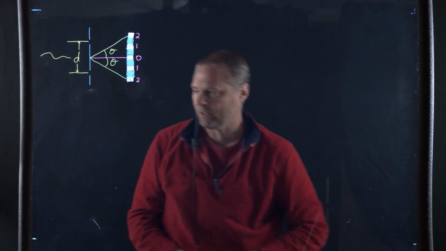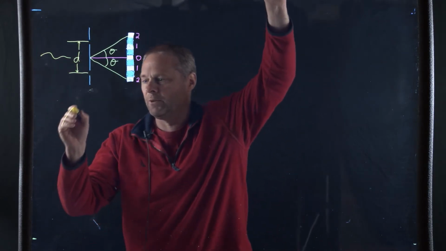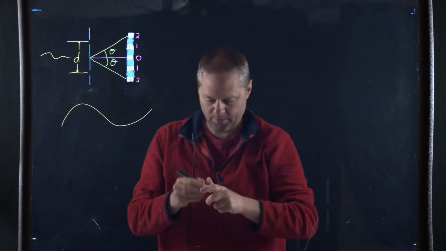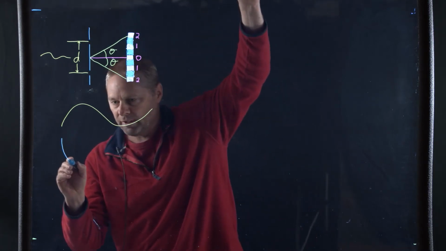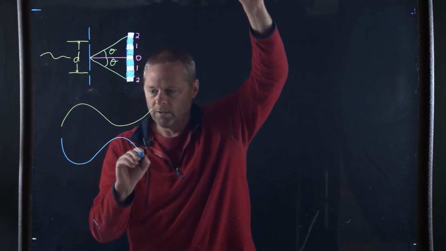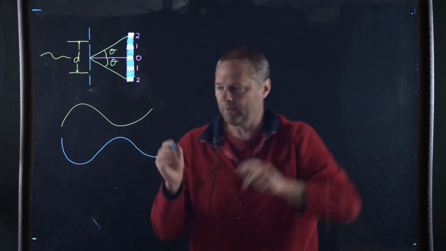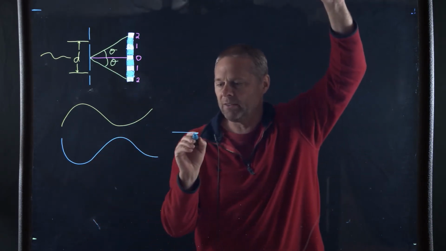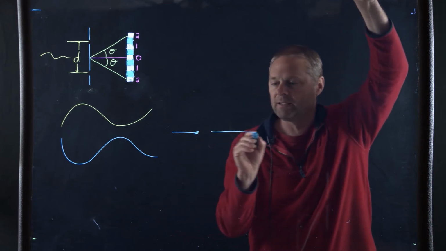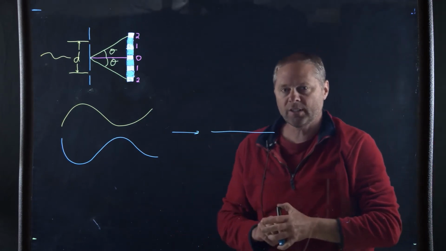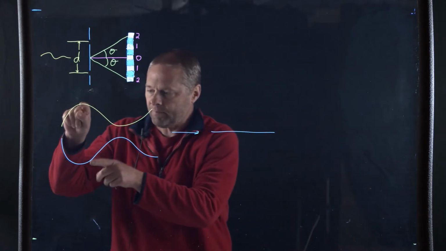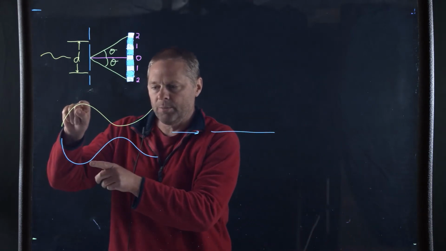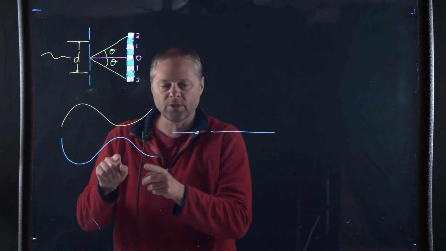For destructive interference, this would be our first light source. This would be the wave. Now, we can construct them such as this. If you add them up together, they interfere destructively, meaning that where the crest is, there's going to be a trough, and where there's a trough, there's going to be a crest.